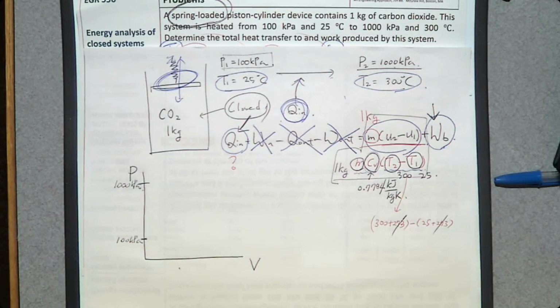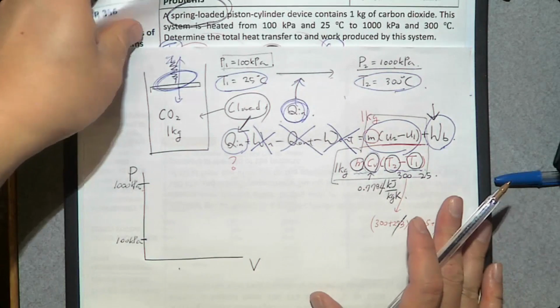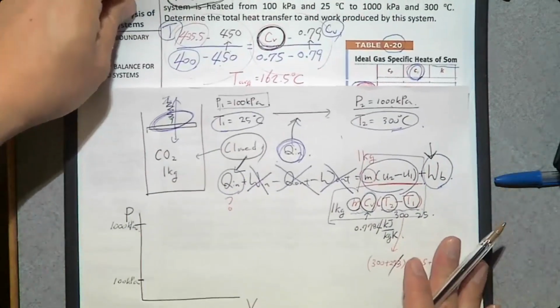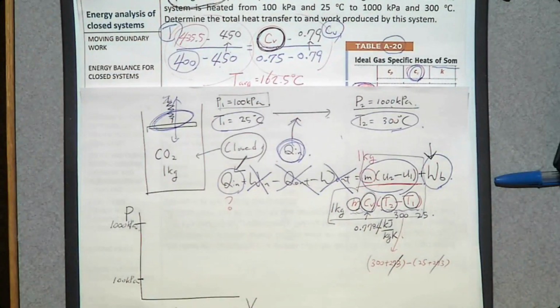So how do we determine the volume of this carbon dioxide? By using specific heat, we can only determine specific internal energy or specific enthalpy by specific heats.